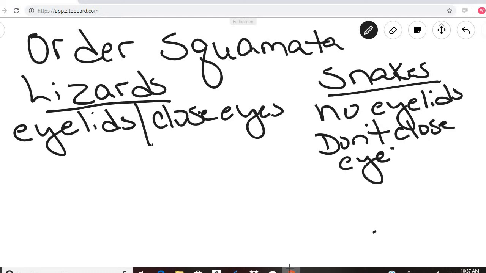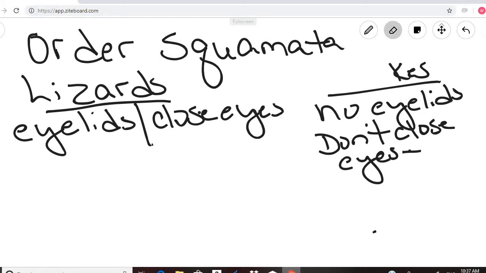And even though they don't close their eyes, they don't really have that great of a sense of sight, so they don't see all that well. But their eyes are always open. Let me say a few more things, so those are the differences.